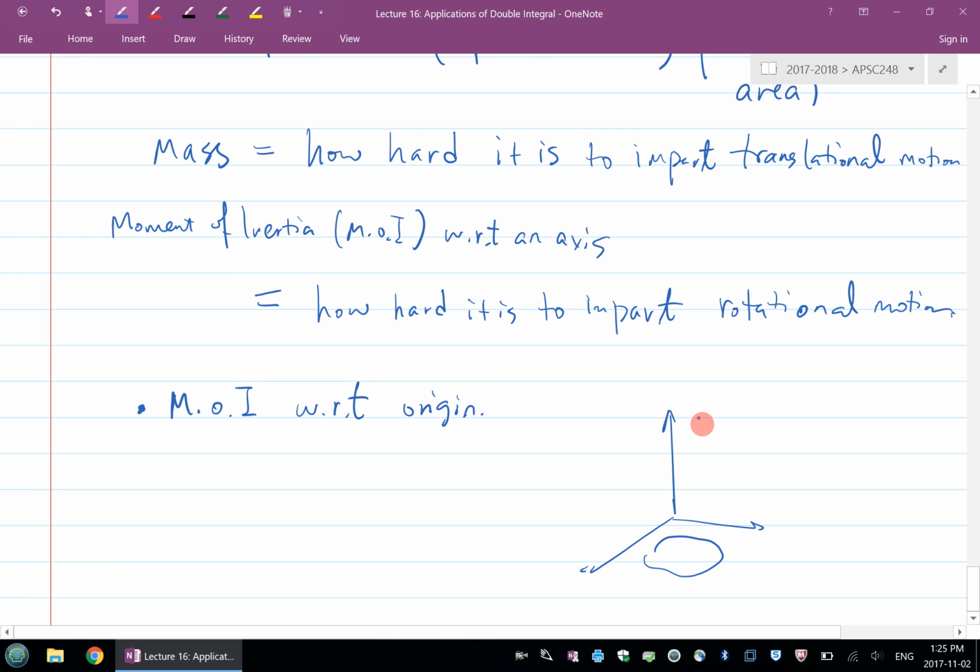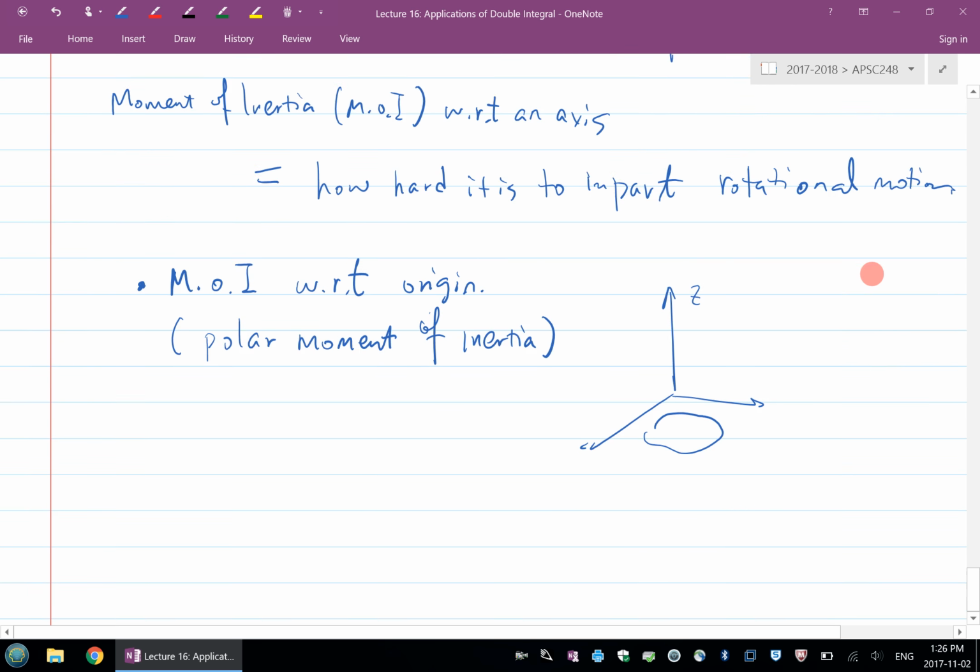I can use the z-axis to represent that rotational axis. That's what I mean by respect to the origin. And the result we derive here can also be called the polar moment of inertia.